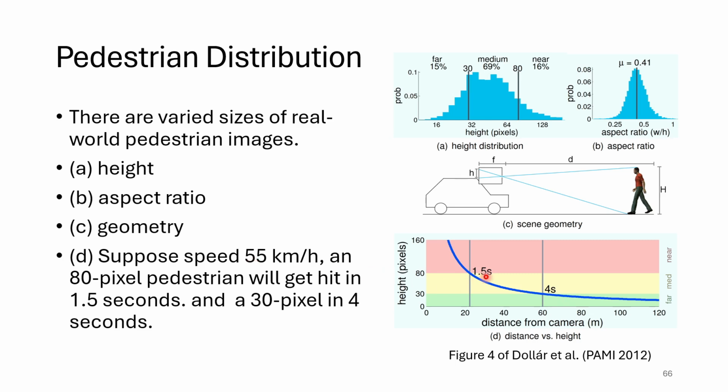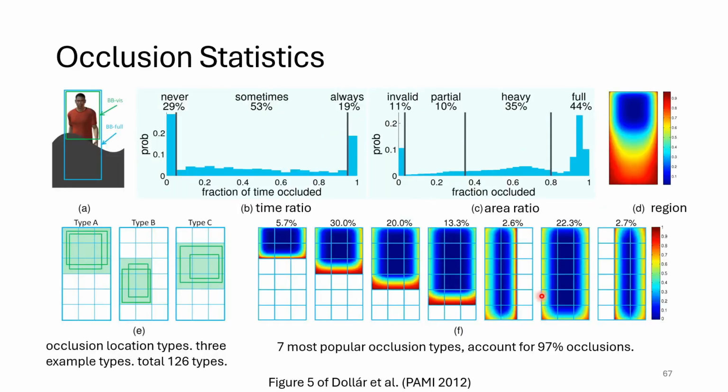There is only 1.5 seconds to finish the prediction. And if the pedestrian is 30 pixels high, then it is smaller and farther from the car, so they have 4 seconds to finish the prediction.